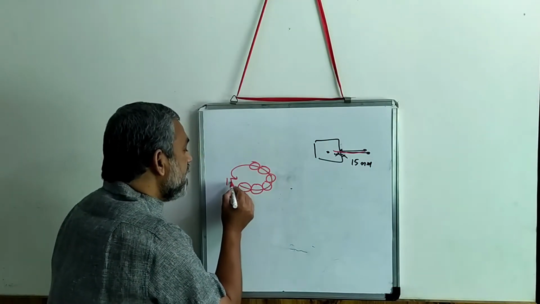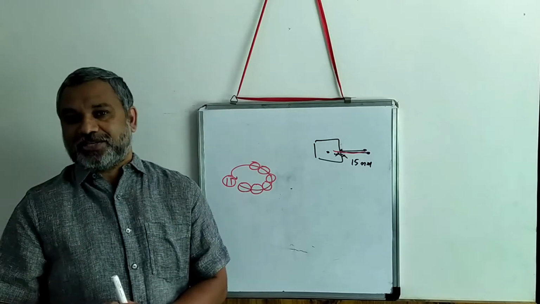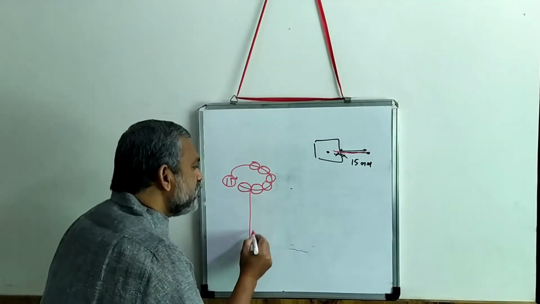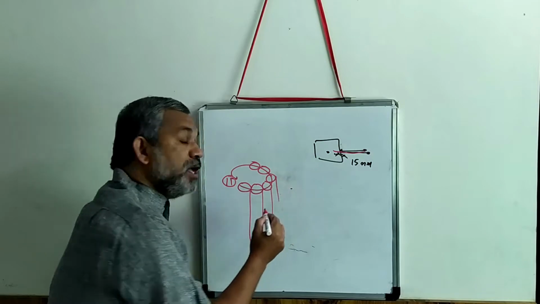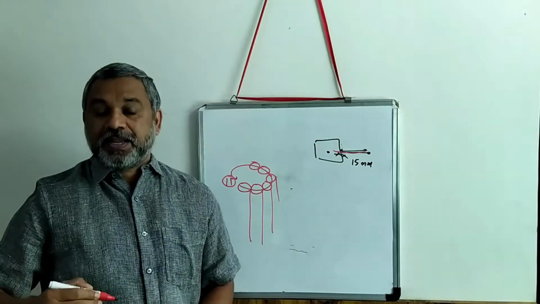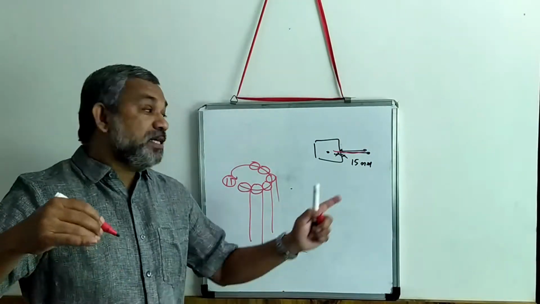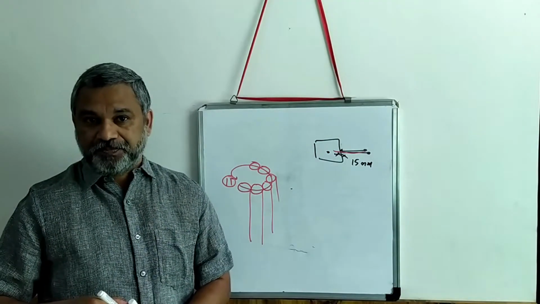About 11 of them are arranged, and that way it forms a kind of protofilament. That is how the filament is formed.